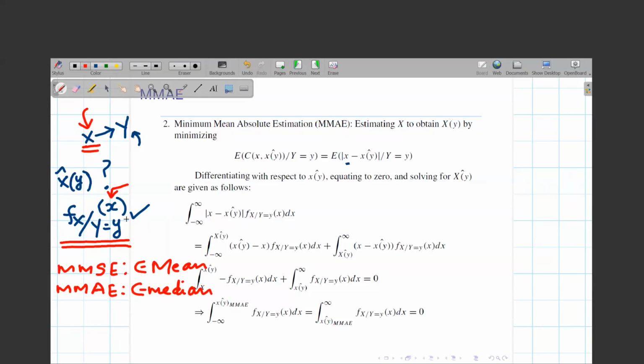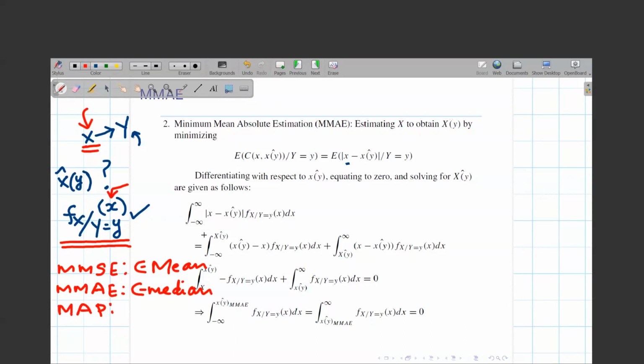You have to understand that MMSE is the solution for a particular cost function. That is what you must know as far as this course is concerned. And then finally we have what is called MAP. In the next slide, we'll discuss that.